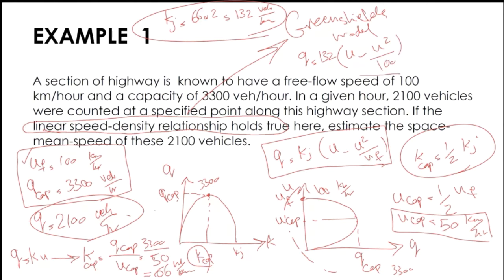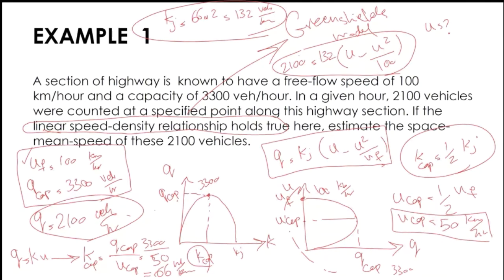So I have this relationship now, and the question is asking to estimate the speed when flow is equal to 2,100. If I replace this Q here with 2,100 and solve this equation, I would be able to get U, right?